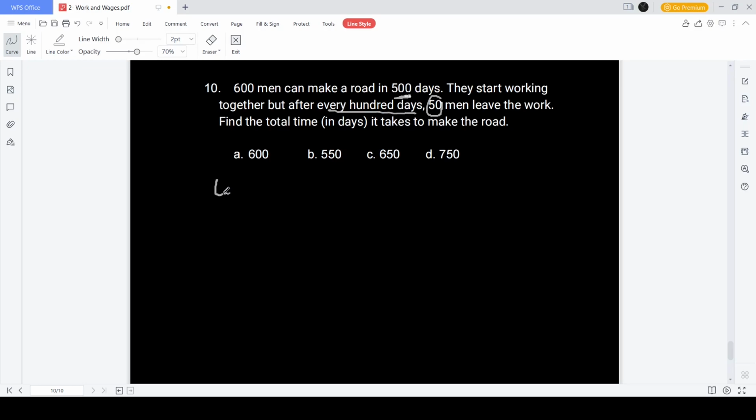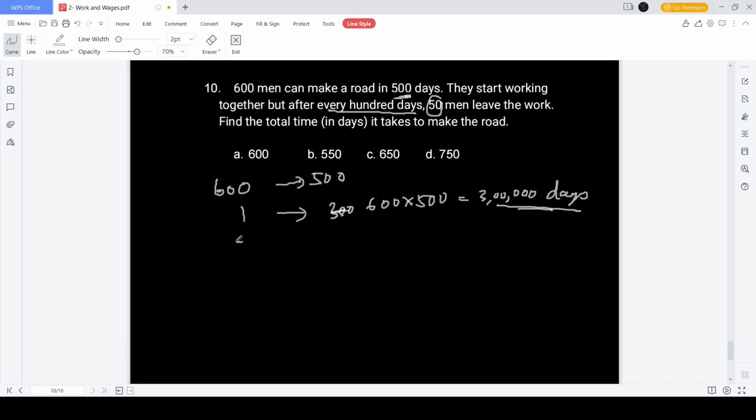Okay, so if 600 men work, they finish the road in 500 days. If one man works, he finishes the road in 3 lakh days because it is 600 into 500, right? So this is 3 lakh days. It takes him this long to finish the road.